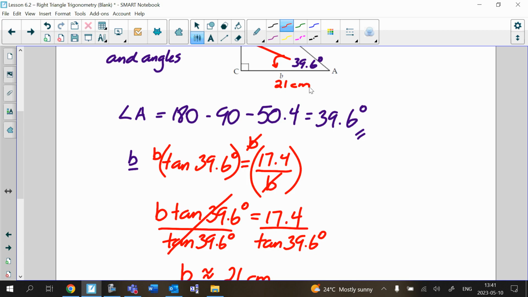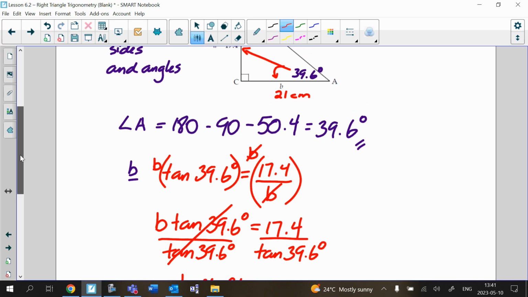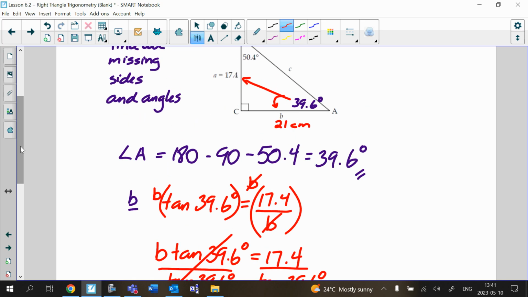So the only thing left to find is side C. And again, you've got a ton of options. You can use Pythagoras if you want, because you know two of the sides. You could do trig with this angle and this side or this side. You could do trig with this angle and this side or this side. And all of them are equally correct.